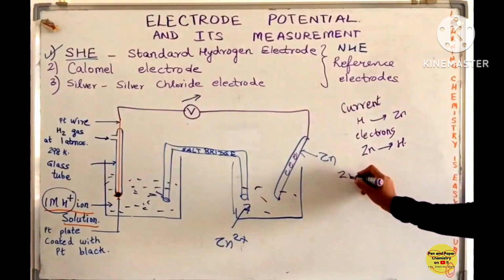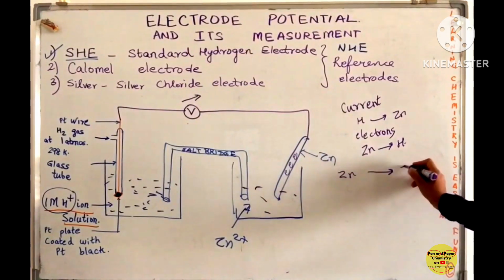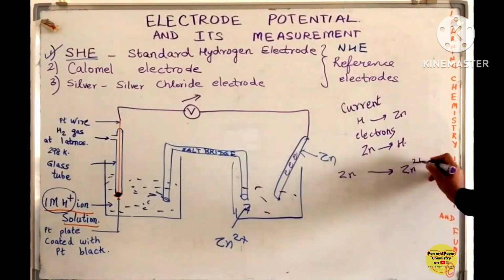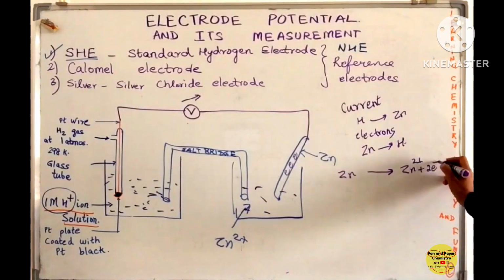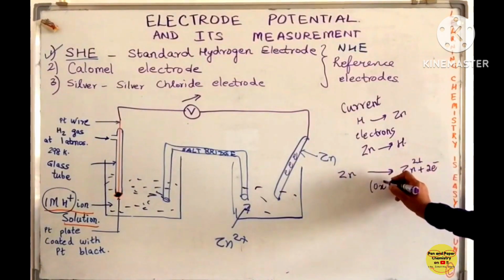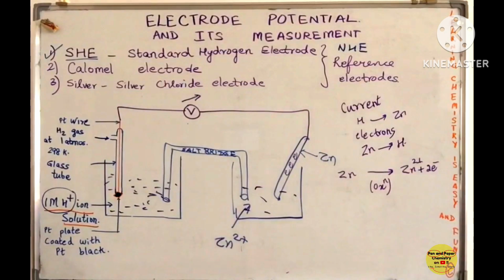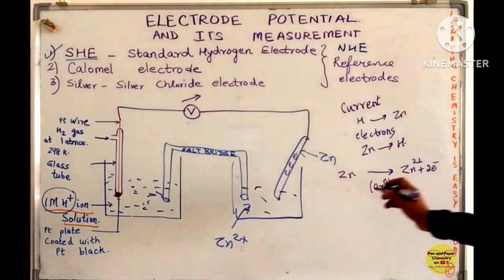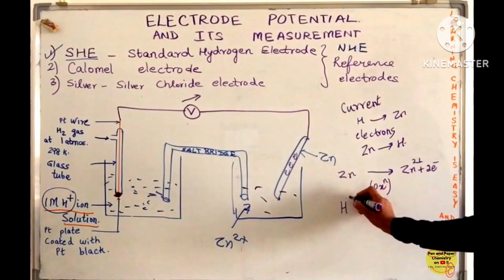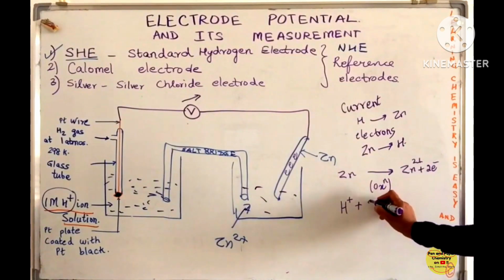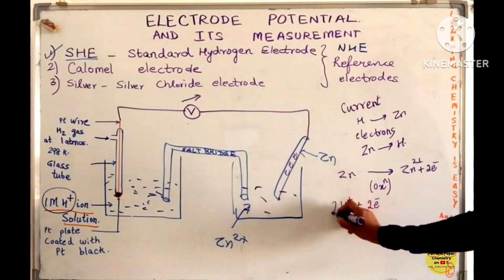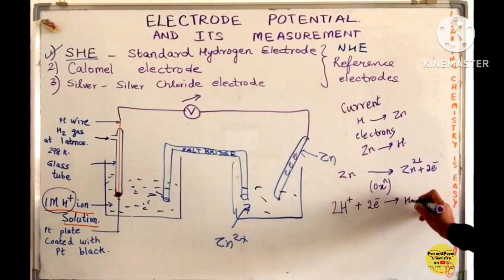Meaning to say, at the zinc electrode, what is predominant is the oxidation reaction. That means zinc is getting oxidized. So what is the reaction taking place at the hydrogen electrode? Hydrogen is getting reduced.